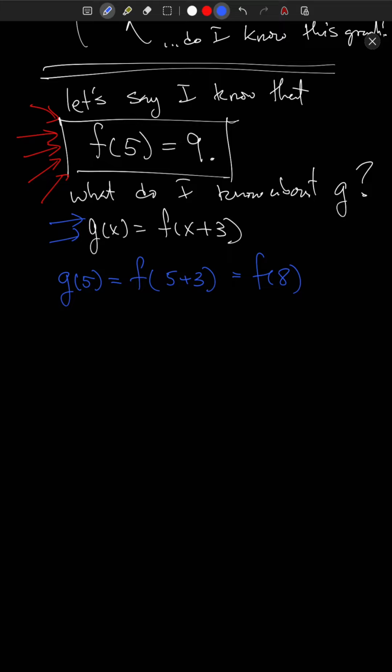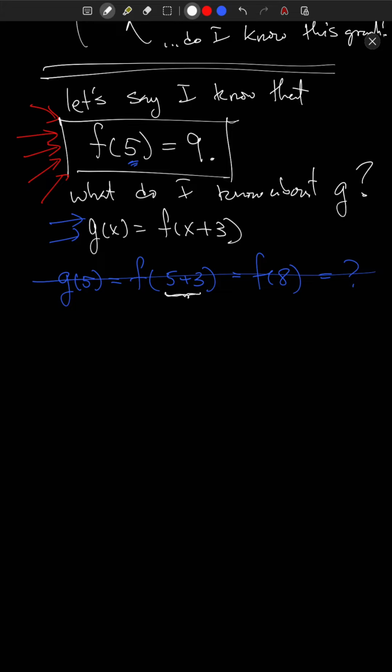But I don't know f of 8. The only thing I know is f of 5. So this is equal to question mark. I have no idea, so this is not going to be very helpful. However, what happens if the thing in here turned out to be 5?